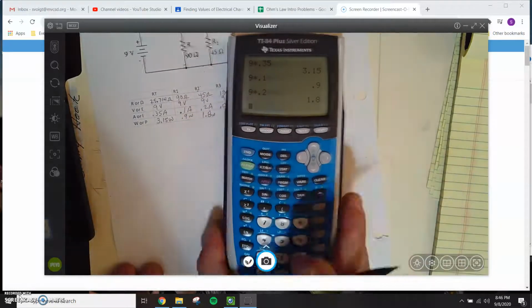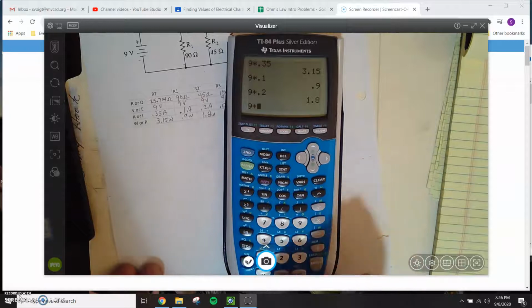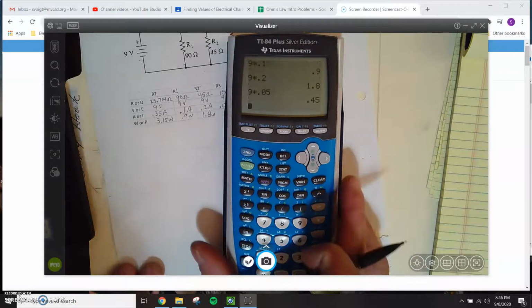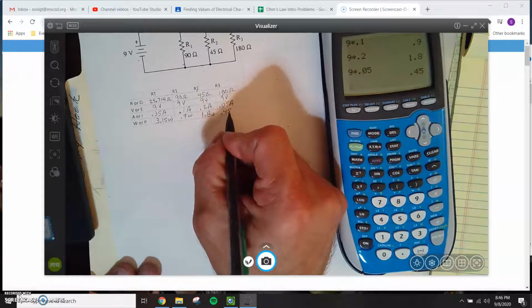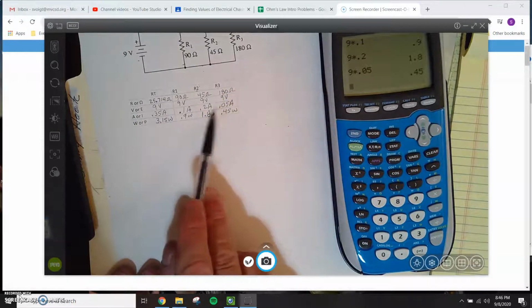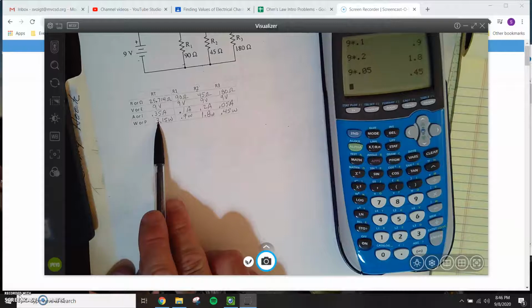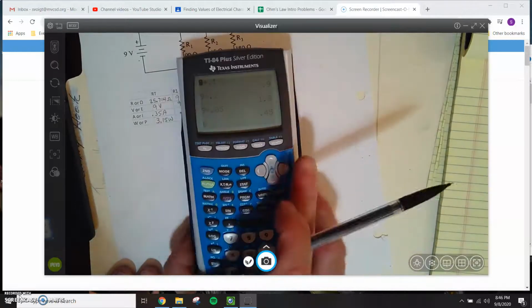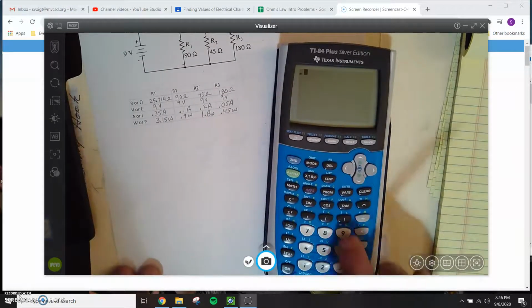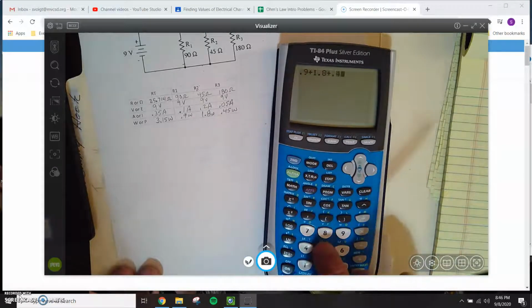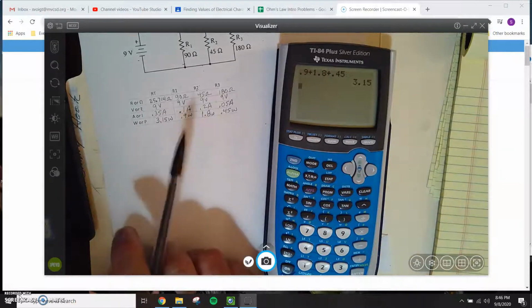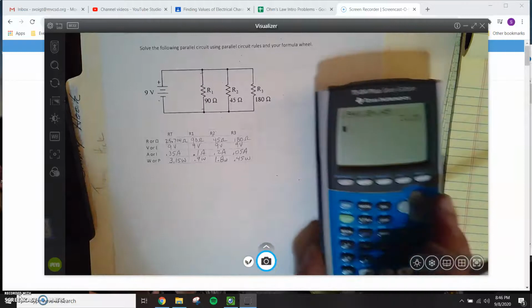For resistor 2, 9 times 0.05, 0.45. Now, these should add up to that. So let's go ahead and just check our work. 0.9 plus 1.8 plus 0.45, 3.15. It adds up. So that's how you do a parallel circuit.